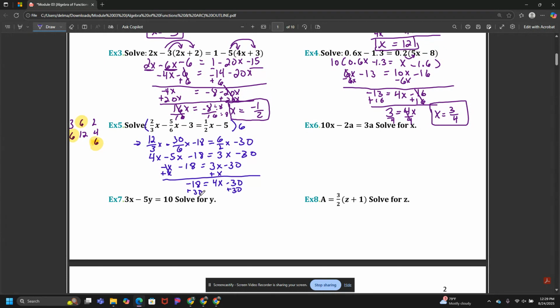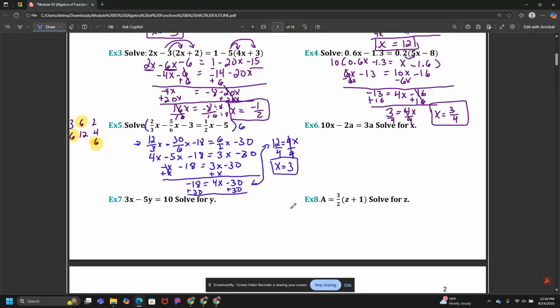Negative 18 plus 30 is 12. So I'm just going to slide this up here. 12 is equal to 4x. We're going to divide by 4. x is equal to 3. Okay?